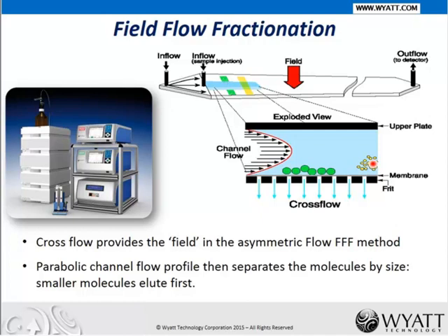So the small ones elute first. Large ones scattered more into the low flow velocity region. They elute later. So the elution order in field flow fractionation is just the opposite as in size exclusion chromatography.